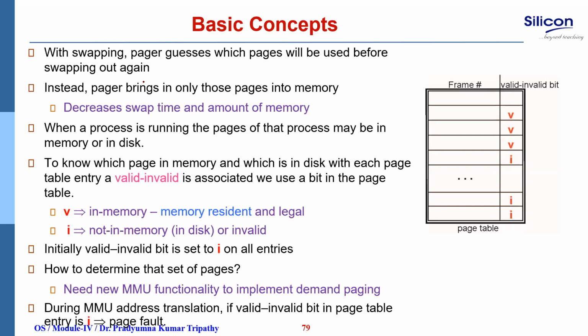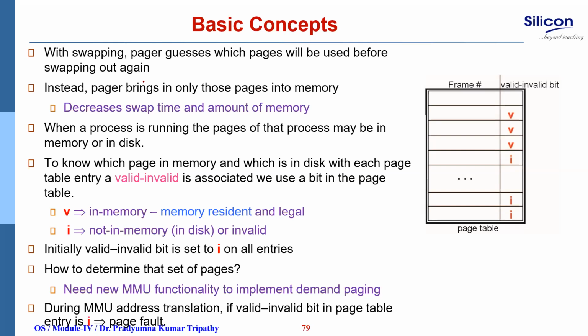To know which page is in memory and which is on the disk, each page table entry has a valid-invalid bit. A valid-invalid bit is associated with each frame. In the page map table, we have an entry of the frame number, and along with that, for every frame, there is a bit called the valid bit. This bit is set to 1 or 0, valid or invalid.